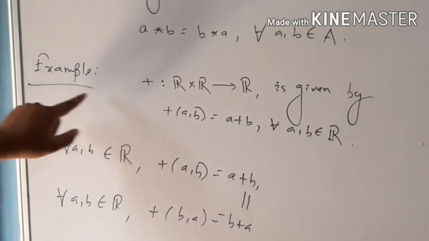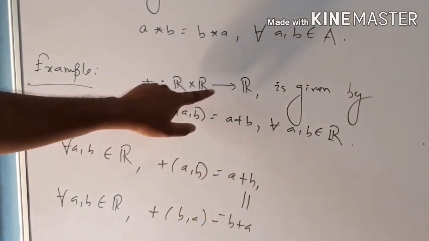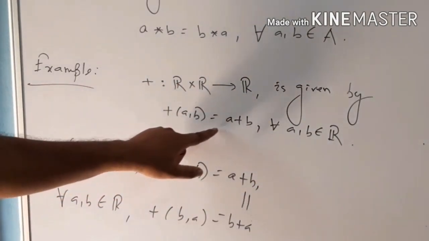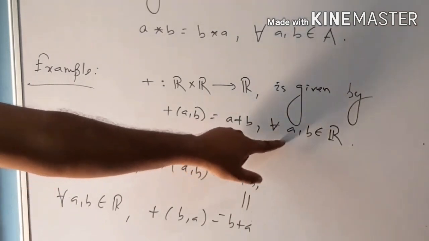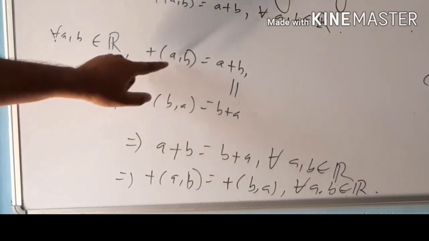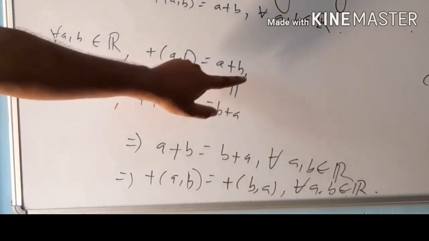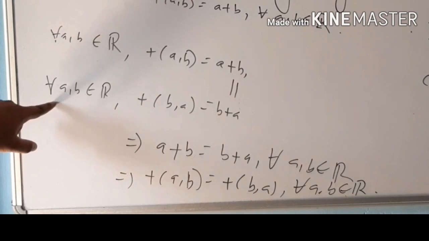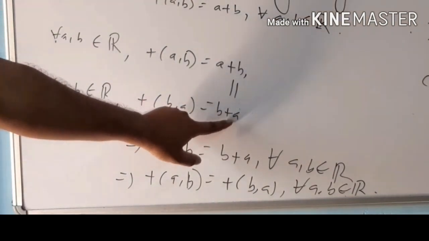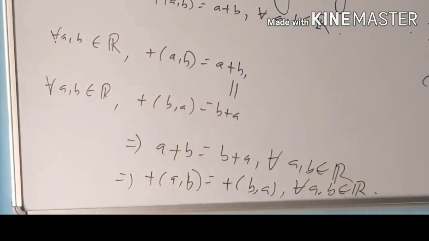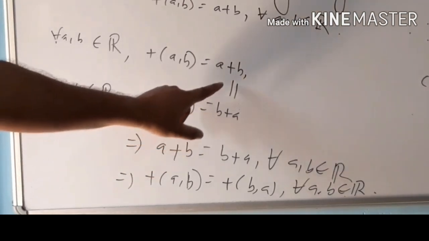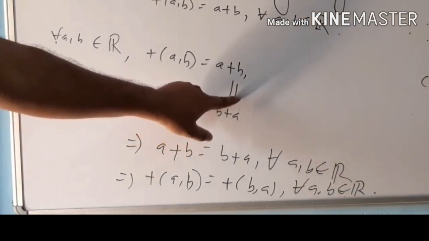So example, addition operation from R cross R to R is given by addition of A comma B equal to A plus B for all A, B belongs to R. And for all A, B belongs to R, addition of B comma A equal to B plus A. We know that in the set of real numbers, A plus B equal to B plus A. So therefore I have written here an equal sign.